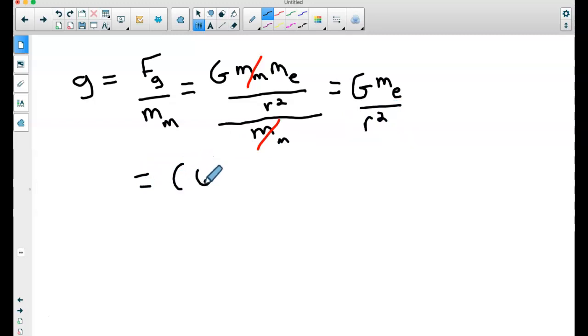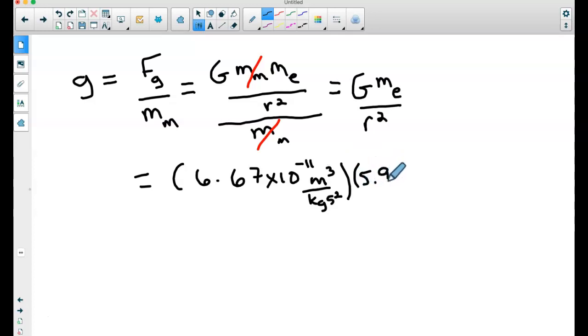So I'm going to go ahead and put in numbers. For big G, I'm doing 6.67 times 10 to the negative 11. And those units are meters cubed over kilograms times seconds squared. Definitely a weird unit. I looked up the mass of the Earth, which is 5.972 times 10 to the 24 kilograms.